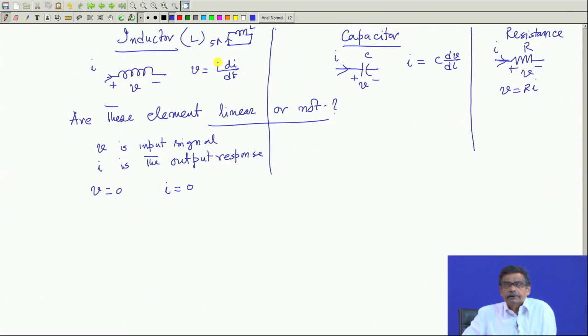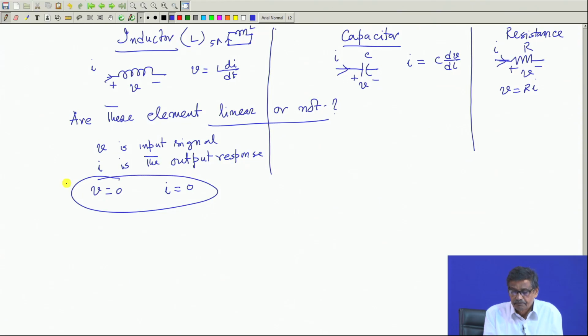Therefore, an inductor with initial current cannot be linear. Okay? Because it will fail this test. V is equal to 0, I may be present in an inductor. This you must think about. And this equation also tells you V 0 does not mean I is 0, I may be a constant; dt of a constant thing is 0, including that constant value to be 0.